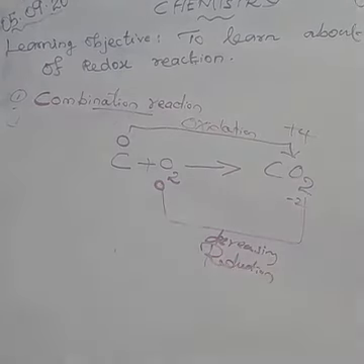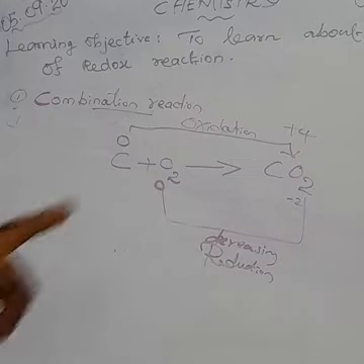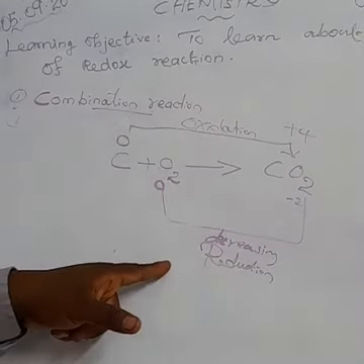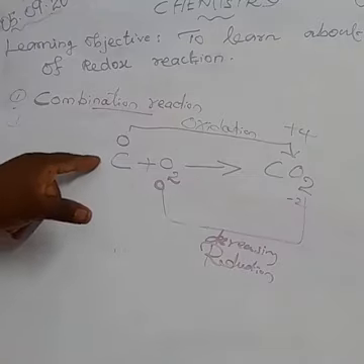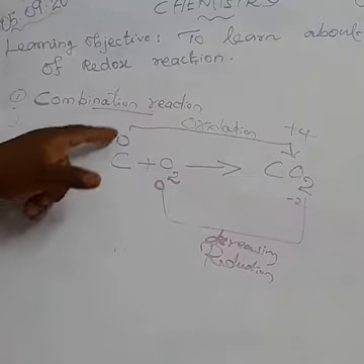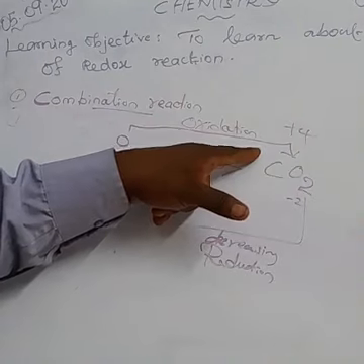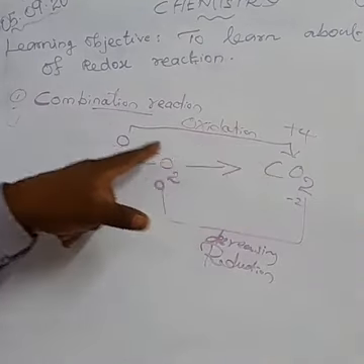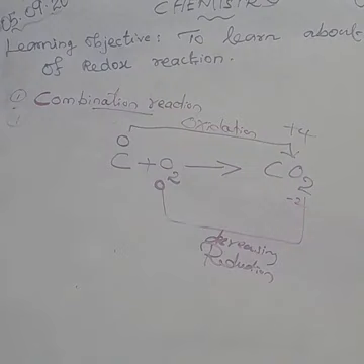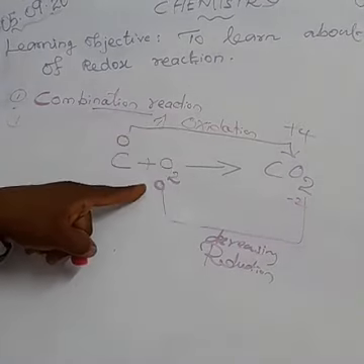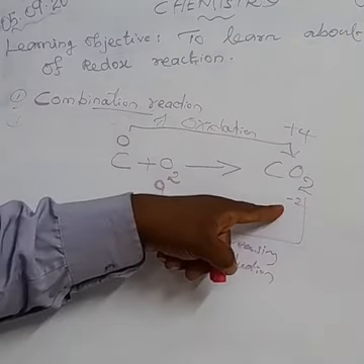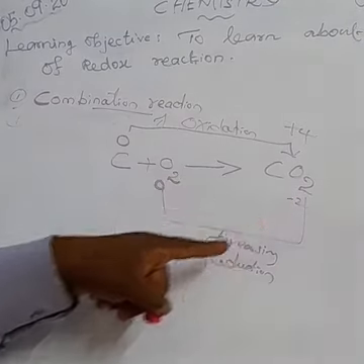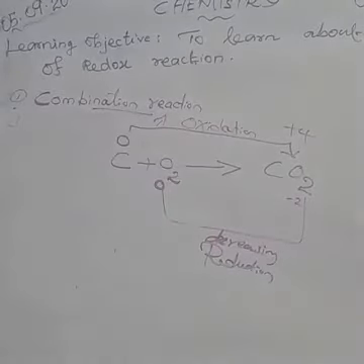During the redox reaction in the combination, one is an oxidation reaction and another is a reduction reaction. How is it an oxidation? Here the element occurs singly, so it becomes 0. In carbon dioxide, the carbon oxidation state is plus 4. So it is increasing, so we say oxidation. Next, oxygen exists singly, so we give the value 0, and as you know the charge of oxygen is -2, it is decreasing, so it is called reduction.